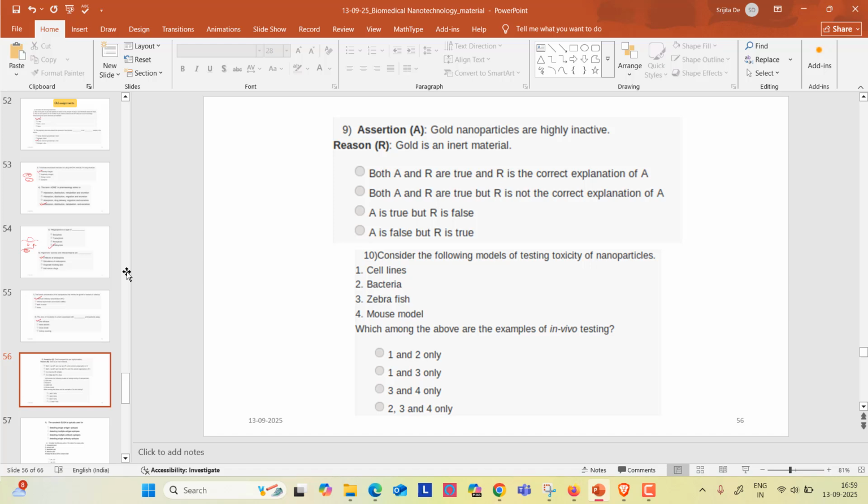Next: gold nanoparticles are highly active, and gold nanoparticle is an inert material. Which one is true?